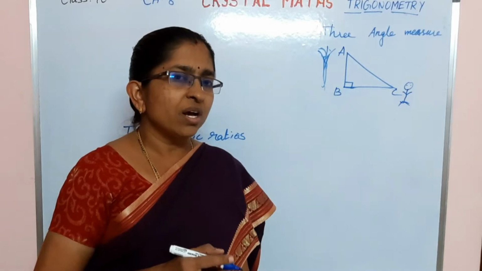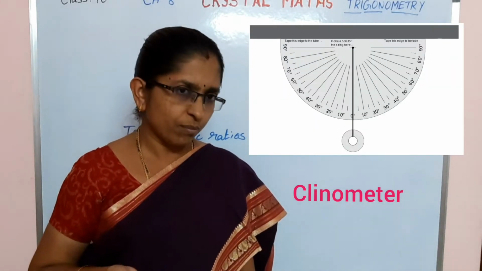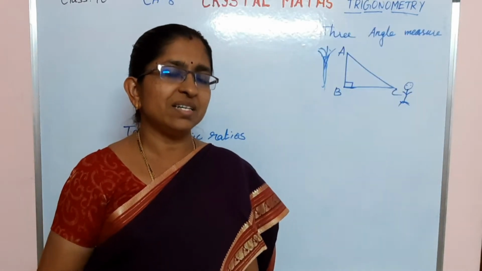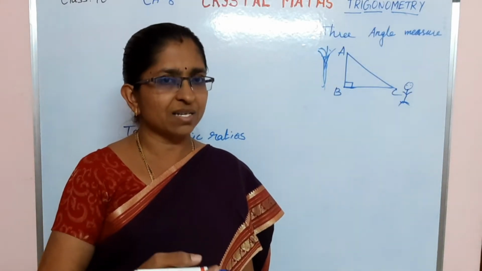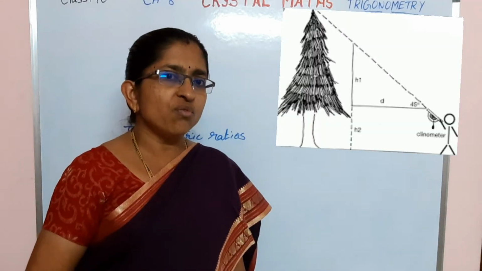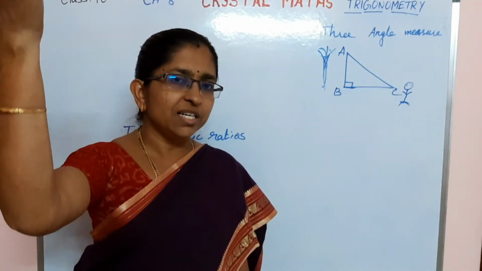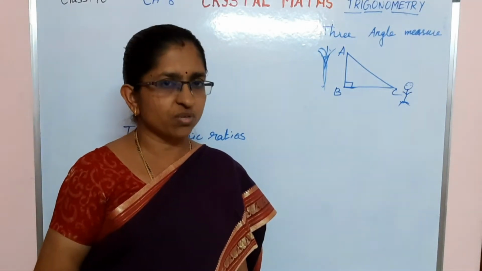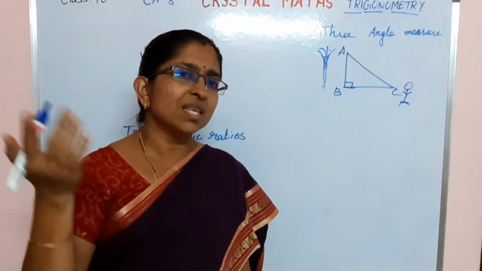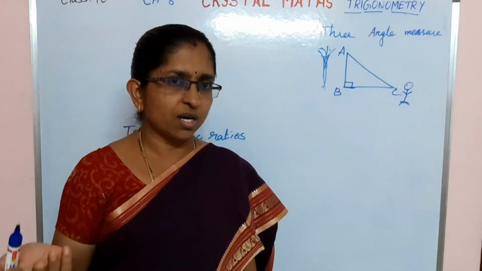If you have a clinometer, like a small instrument that can be prepared by yourself, using that you can find the distance between two banks of the river. The same way, what about the height? If a flight is traveling over there, you can find the height, how much distance it is from the particular place. You can find the nearby mountain which is near to your location.